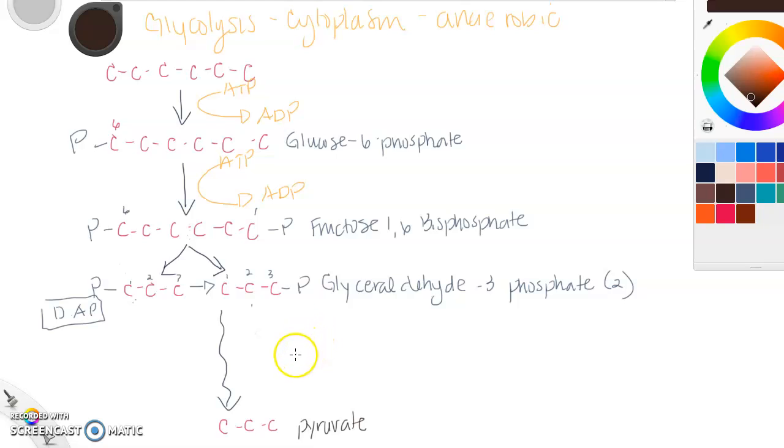There are 3 or 4 steps in here that cause that, and we're not going to go through that, but we need to be aware of what we get when we're doing these reactions.